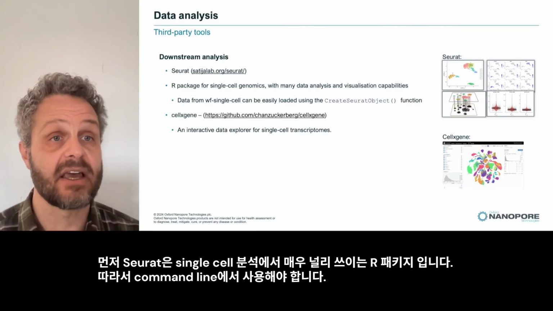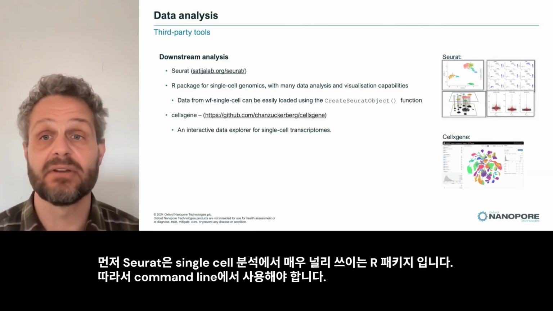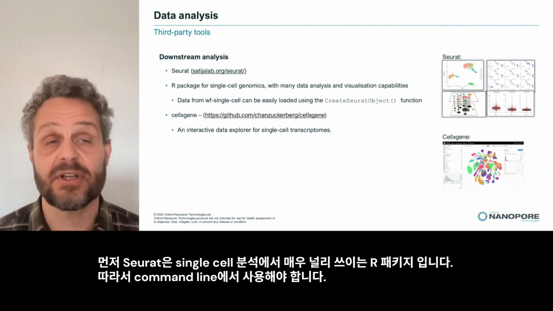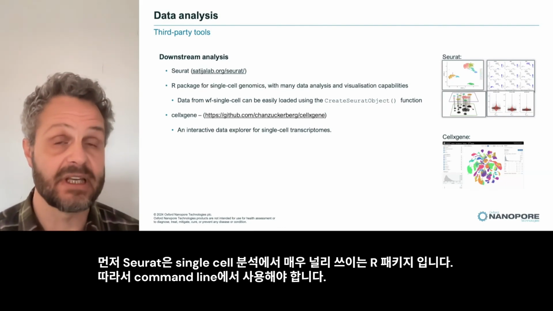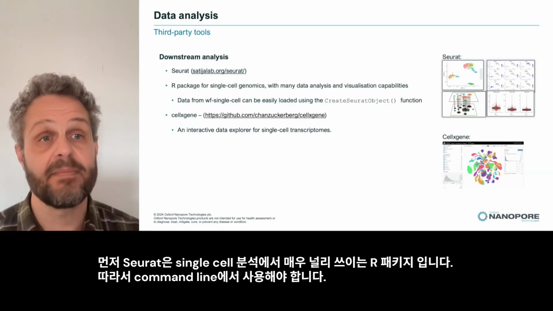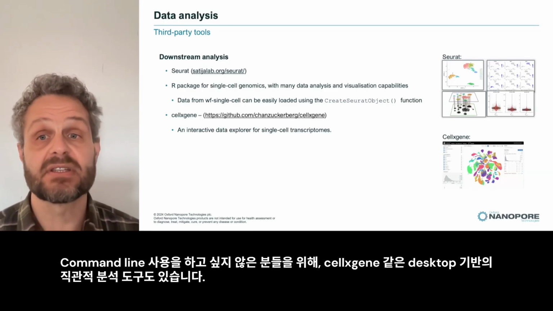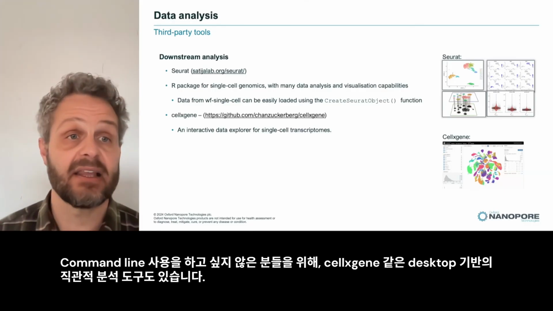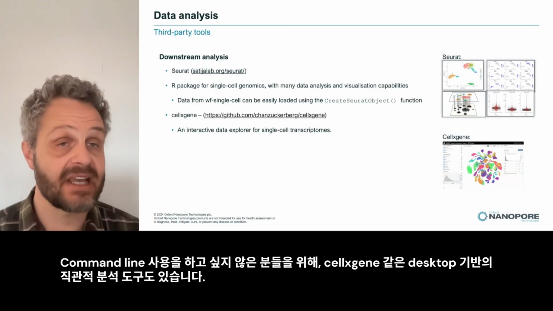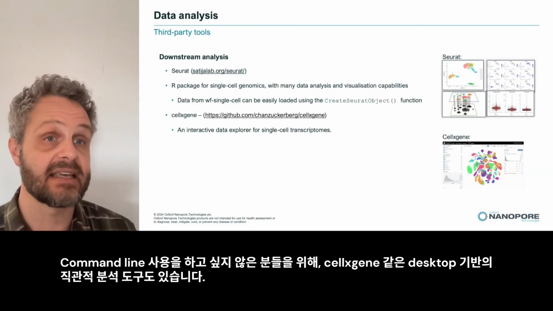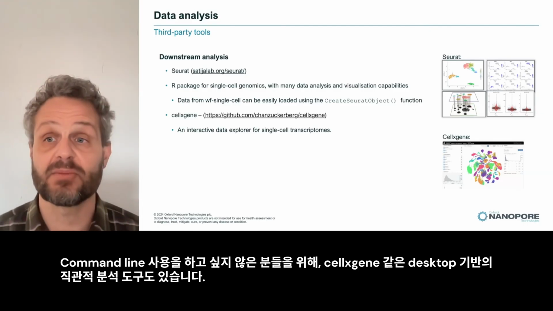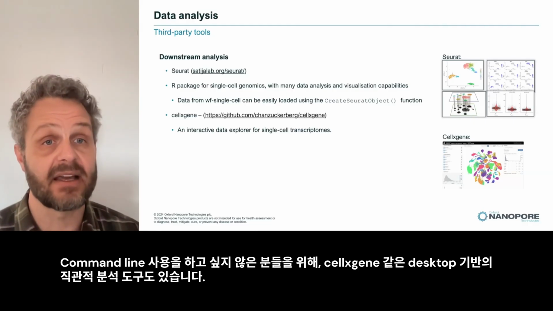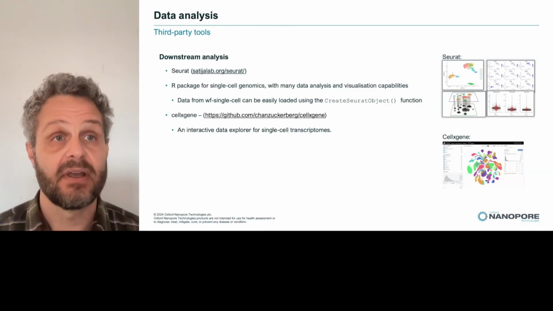The first is Seurat, which is really commonly used in the single cell community. It's an R package, so this means you'll need to use it via the command line. For users that would rather not use a command line, there are several tools, but one of these is Cell by Gene, and this offers an interactive desktop tool for exploring and analysing your single cell data.